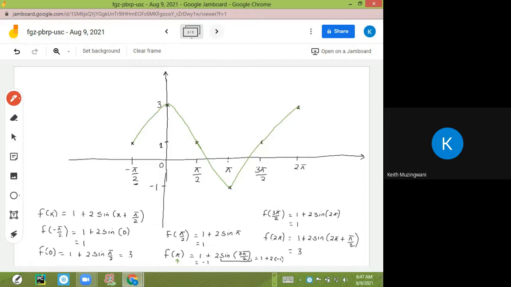Your question is cosec. So you would go for the pivot points, these points here, and draw what we call the vertical asymptotes.